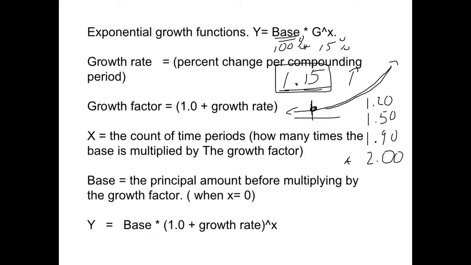For example, if you were multiplying by 1.15, 1.15 to the negative 2 is what it would have been 2 time periods before the base. So it had grown 15%, had grown 15%, and then it got to the base. So negative 2 means back in time 2 periods from the present.